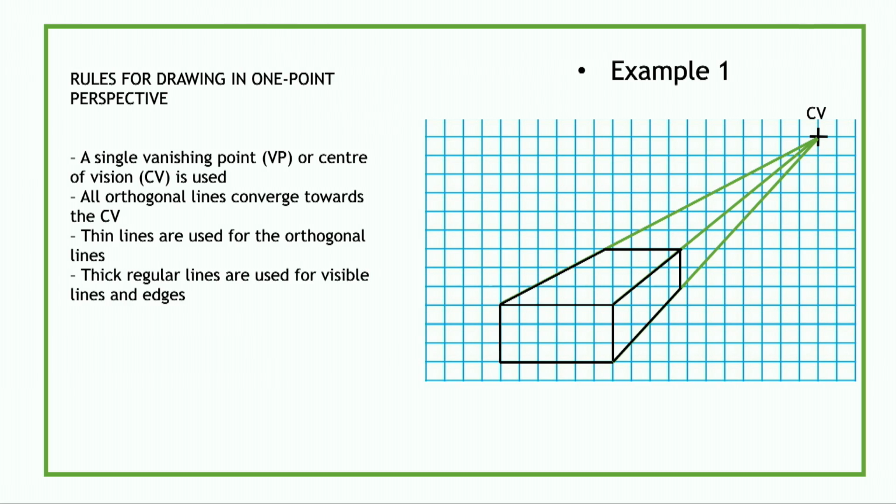Thick regular lines are used for visible lines and edges. No hidden details are shown unless required. You will also observe that the top horizontal edge of the front gives a horizontal edge at the back, and that the vertical edge on the right of the front face gives a vertical edge at the back.